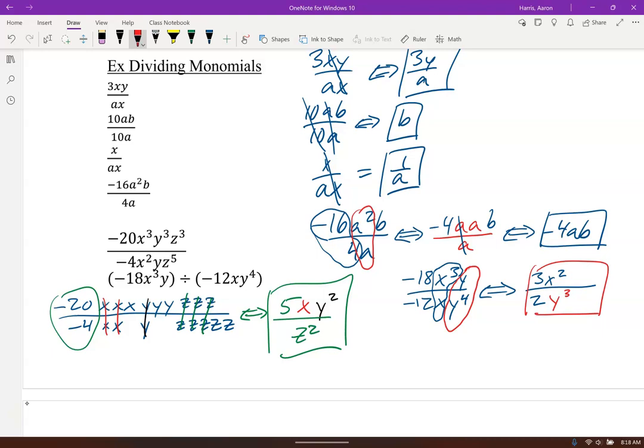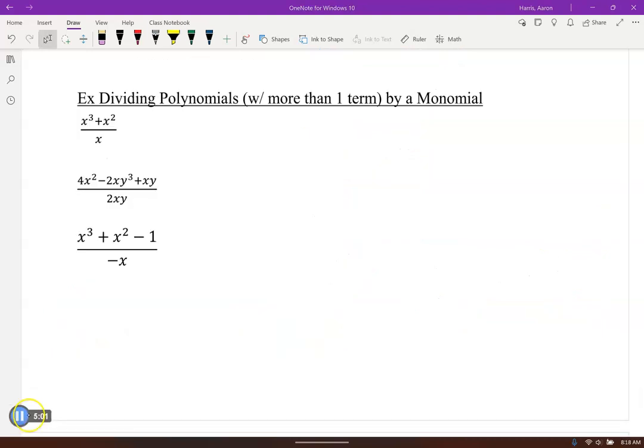So here, second scenario here, we have 2 or more terms on the top. So look at this first one. I have x cubed plus x squared. I have a binomial on the top, 2 terms, but I'm still dividing by a monomial. Right?